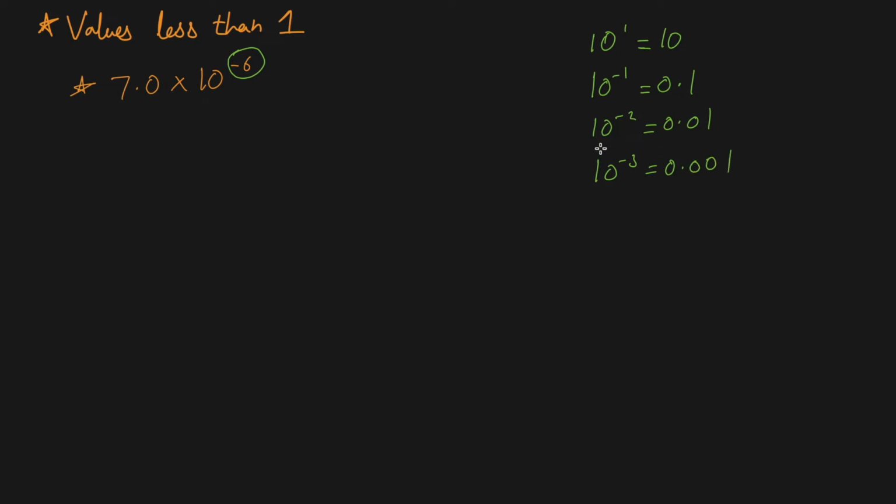And 10's power minus 3 is equal to 0.001. The point I'm trying to make is that for positive powers of 10, we have a simple step: after writing 1, we write the number of zeros determined by the power, even for 10's power 3 or 4. But for 10's power minus 1, we see 0.1, so we don't see any zeros after the decimal point.